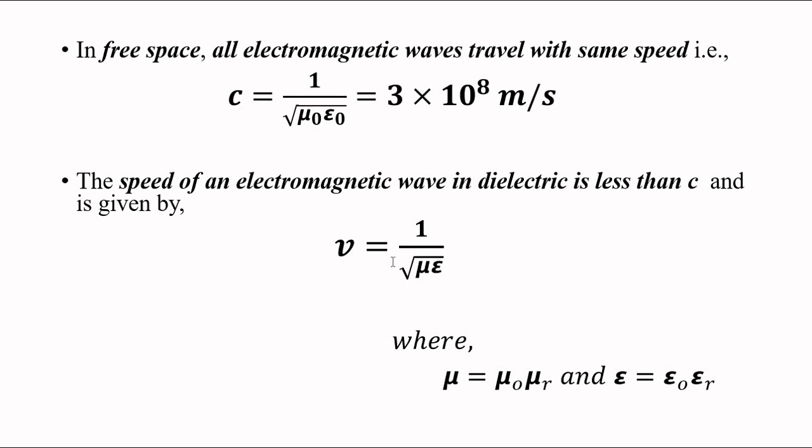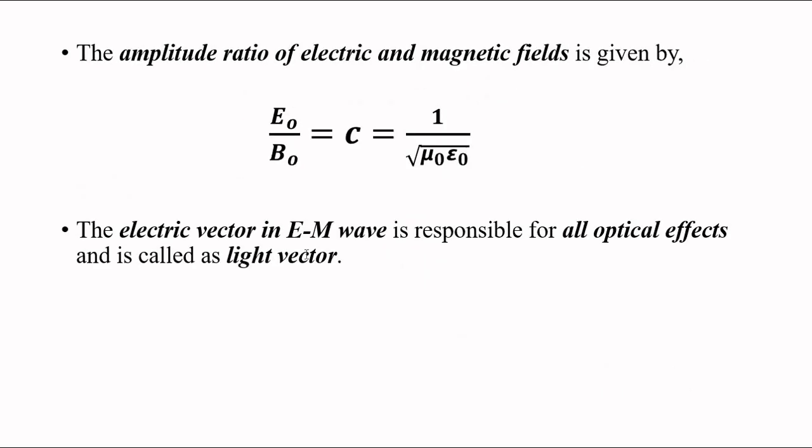And this speed of electromagnetic wave in any other material will always be less than c, that is less than 3 into 10 to the power 8 meter per second. Then another important property is the amplitude ratio, the maximum values of electric and magnetic fields, that is E0 by B0, which is equal to the same c, 3 into 10 to the power 8, which is equal to 1 by root over of mu 0 epsilon 0.